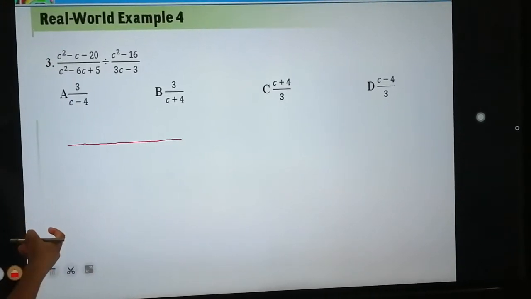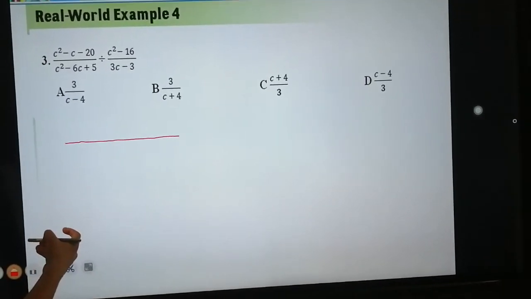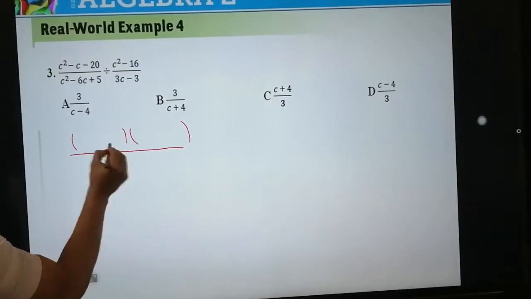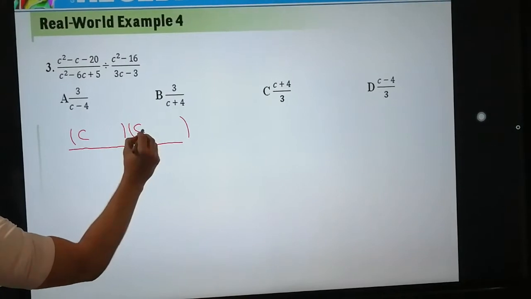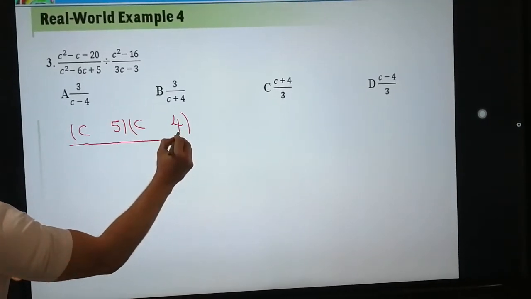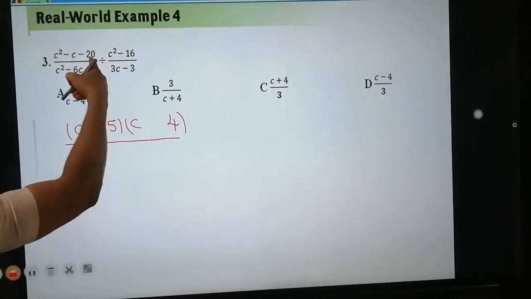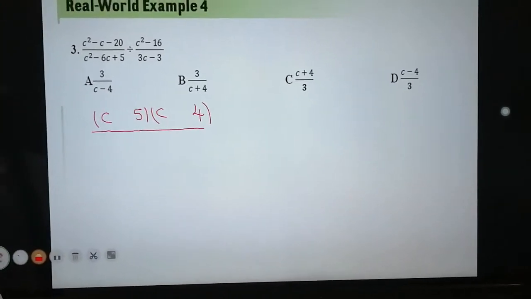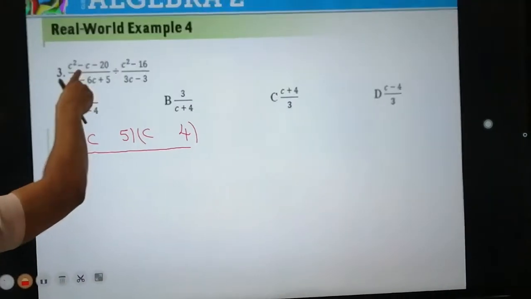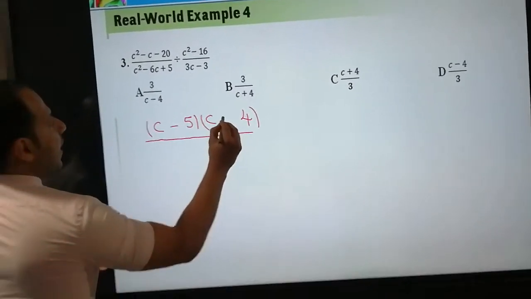Who can help me to factorize this trinomial? Excellent. I heard you. 5 and 4. The product is 20 and you need the difference to be 1, negative. So here negative and here positive.